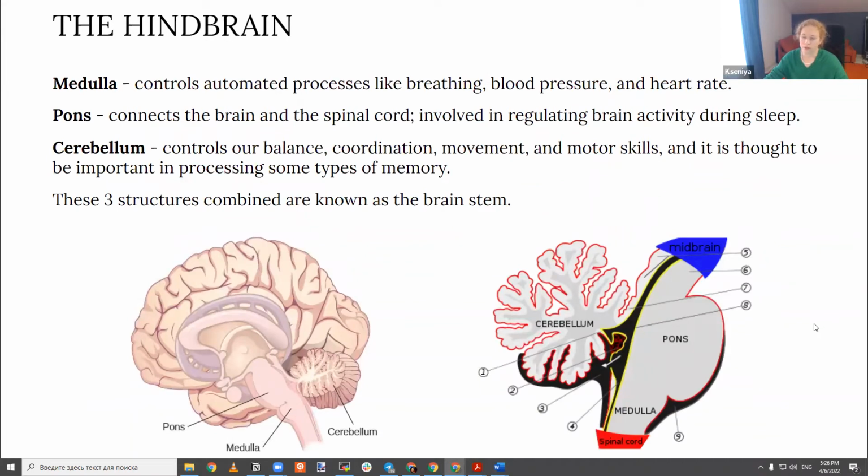The hindbrain includes the medulla, pons, and cerebellum. Together, they support vital bodily processes.